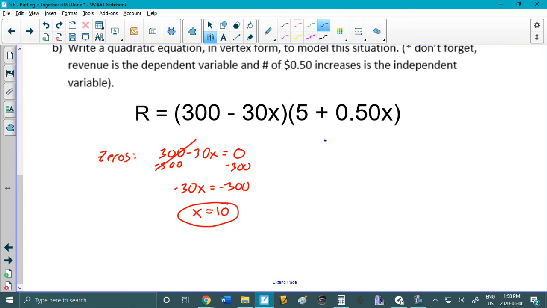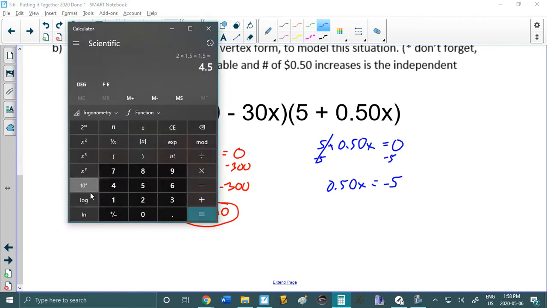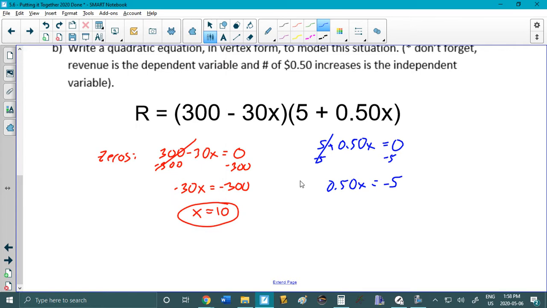And then from this one, 5 plus 0.50x equals 0. I subtract 5 from both sides, and I get 0.50x equals negative 5. And then I do negative 5 divided by 0.5. So negative 5 divided by 0.5 is negative 10.